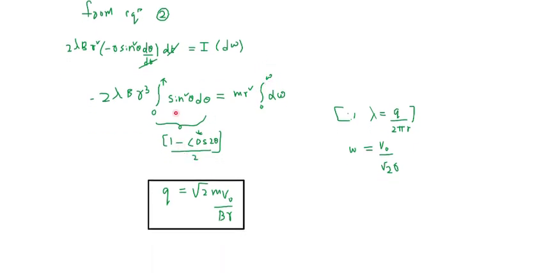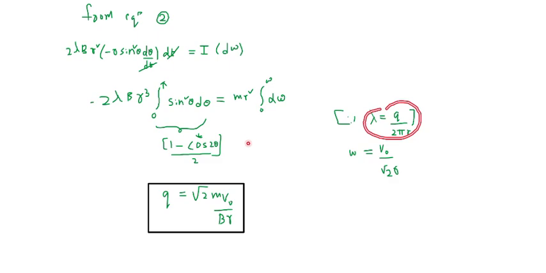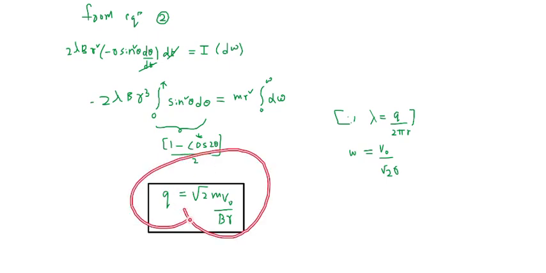The integral of sin square theta we write as 1 minus cos 2 theta by 2, which we can integrate easily. Substituting linear charge density as q upon 2 pi r, and after some simplification, q equals root 2 m v naught by B r. So the charge required for pure rolling is q equals root 2 m v naught by B r.